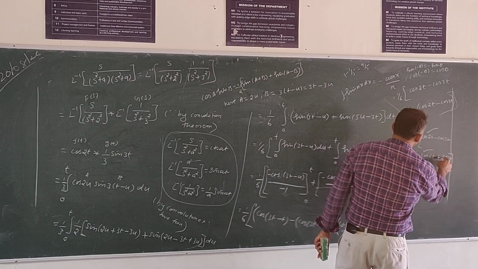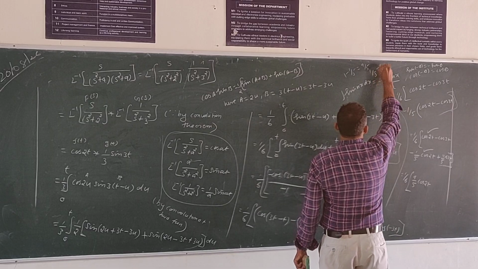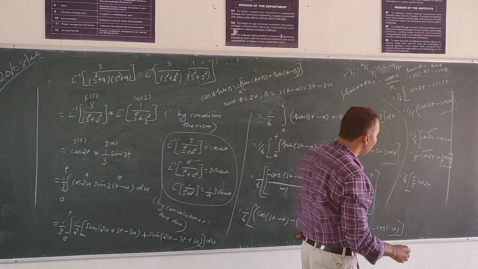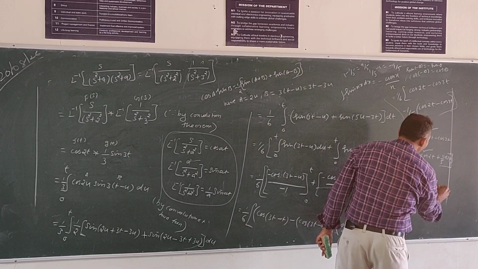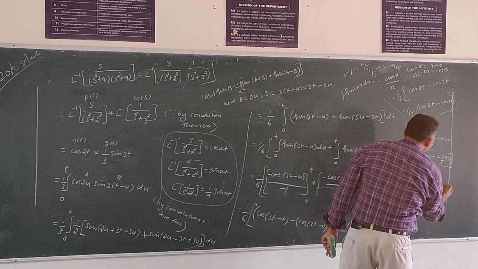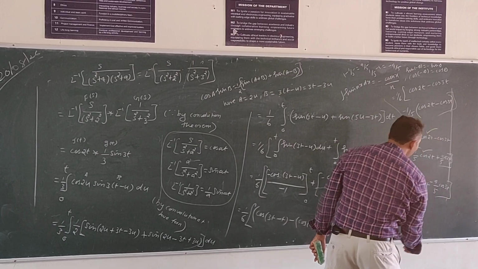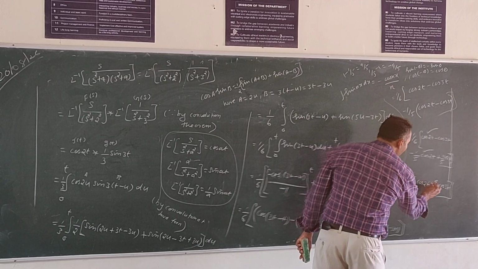Next, 1/5 minus 1, which is minus 4/5. So minus 4/5 cos 3t.